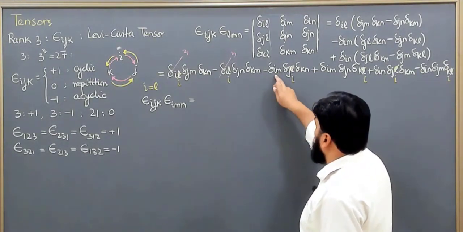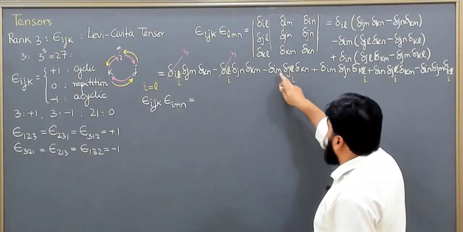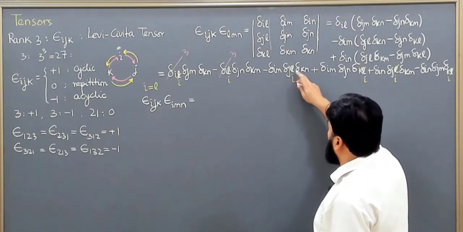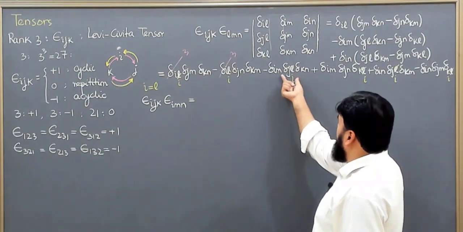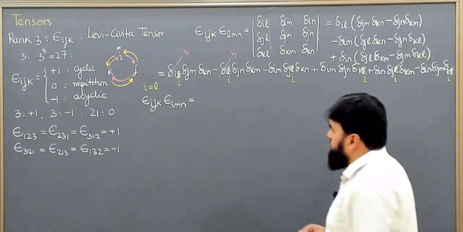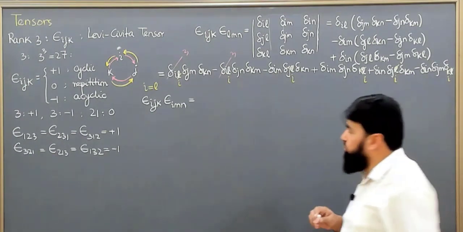Similarly here, we are having delta IM and here we are having JI. So I will write this one first and then IM and so on. So let's do them one by one.